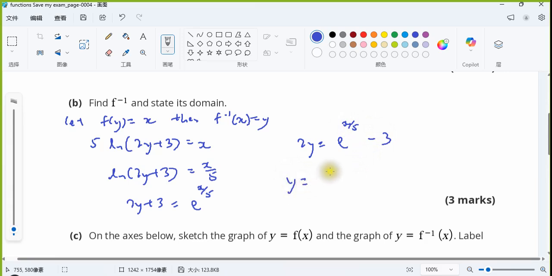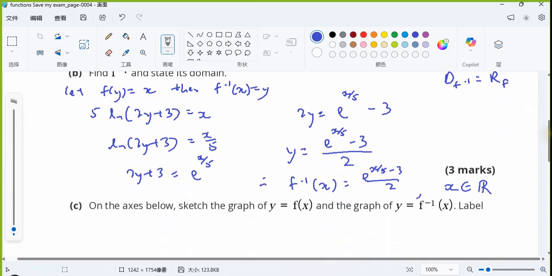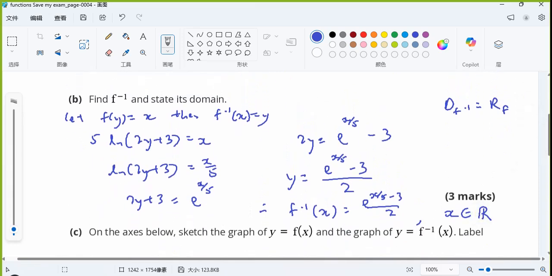So y will be (e^(x/5) - 3) divided by 2. So the f inverse of x will be this, and x can be any value. We know that the domain of f inverse is equal to the range of f. The range is the real numbers, so this should be the real numbers.